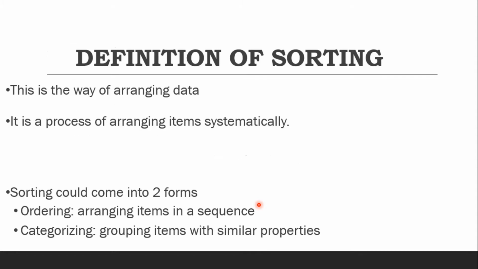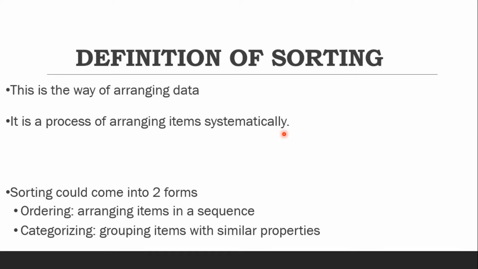Now let's define sorting. Sorting is the way of arranging data. It is a process of arranging items systematically. Now, data could be typed into your Excel sheets in any form depending on how the user wants to arrange it.